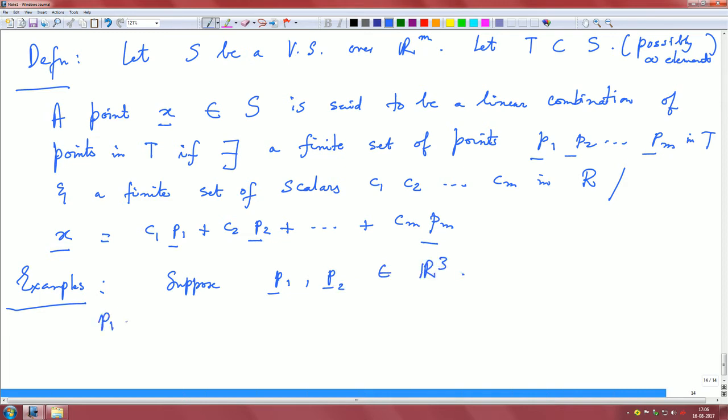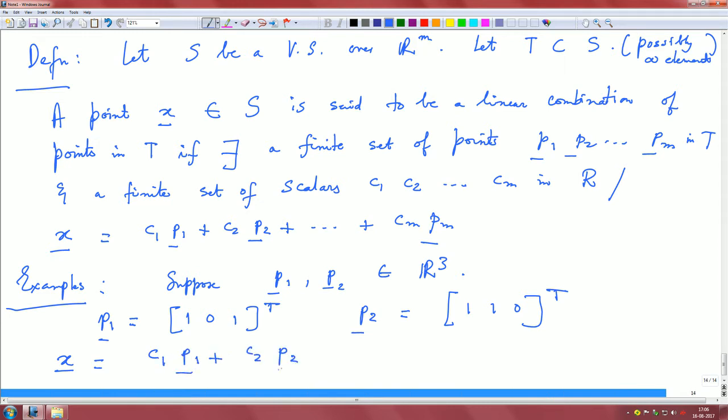Suppose I say P1 is 1 0 1 transpose and P2 is basically 1 1 0 transpose, and I form X to be C1 P1 plus C2 P2, right.